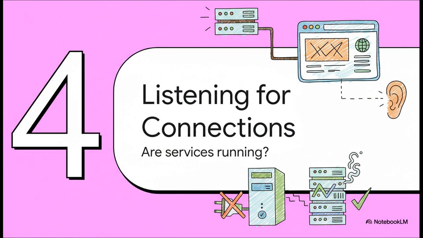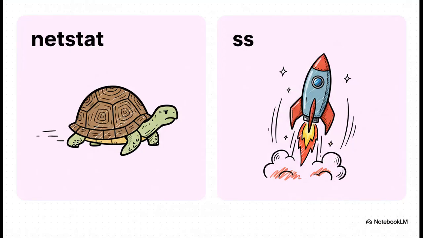All right, so our server has an IP address. We're making progress. The next question is, are any services actually running and listening for connections? I mean, a web server might have an IP, but if the web service isn't running, it's not doing anyone any good. And hey, just like with ifconfig, there's an old way and a new way to do this. The classic tool was netstat, but its modern replacement, ss, is way faster and gives you more detail.